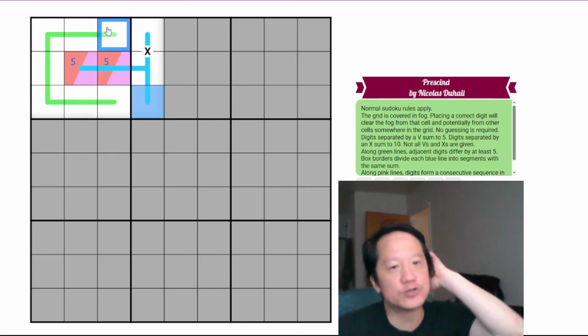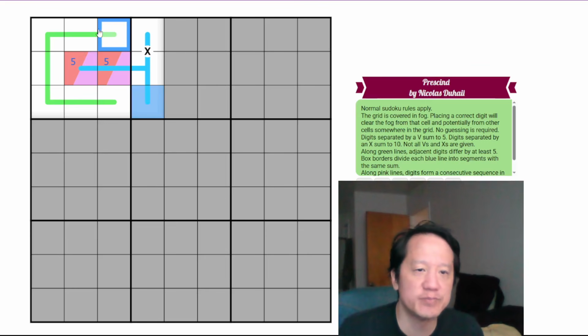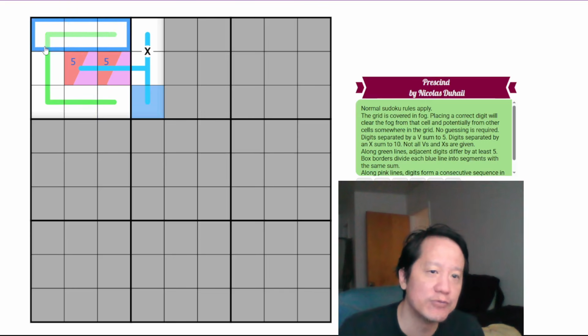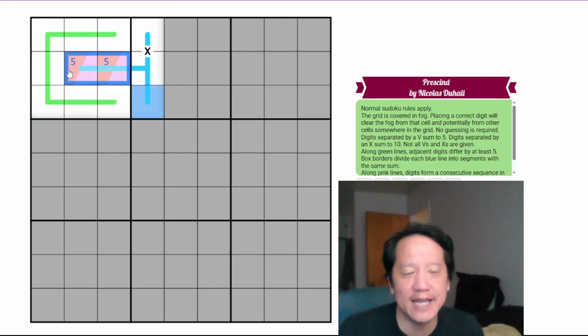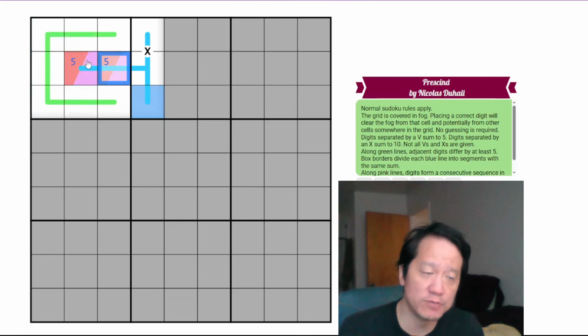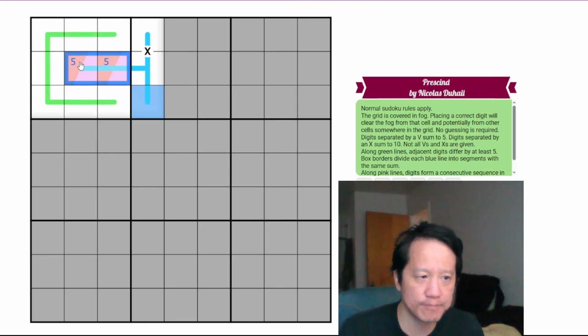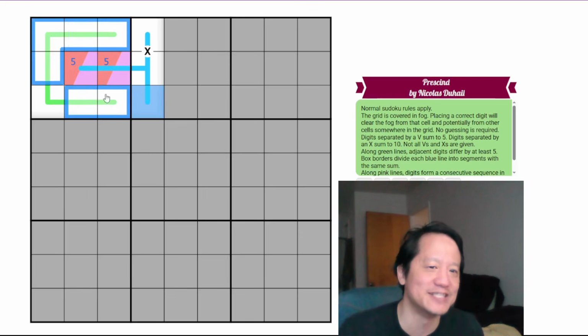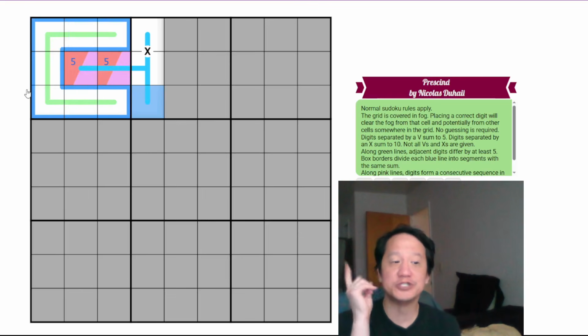What happens if we try to have a high digit here? Then this becomes high, low, high, low, high, low, high, and we'd have 4 high digits on this Whisper 5 line, but we need another high digit in this box for this region sum line to work. And that's 5 high digits in a single box, which is not allowed, right?